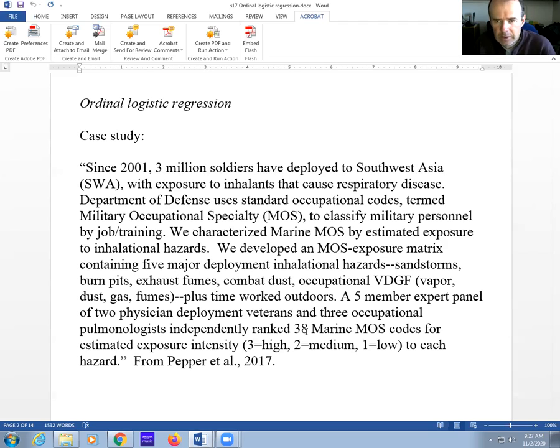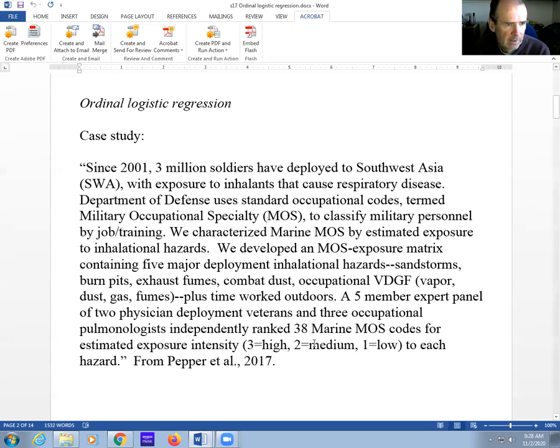Later on we're going to compare, if we can, the predicted categories of exposure, high, medium, or low, to having them wear a monitor to see if it matches what they're exposed to. So when people go into the military, it's good to know you can expect this type of exposure if you have this certain job type.